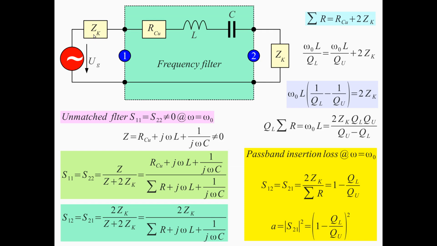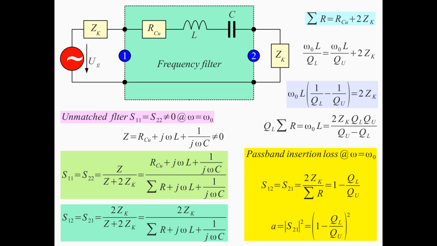So our generator has an internal impedance Zk. This is usually real, Zk. And we also have a load resistor that's also Zk. Usually we are considering filters in a matched environment.